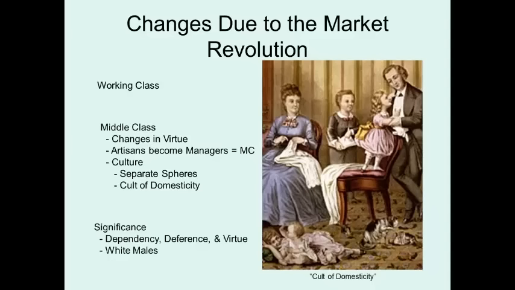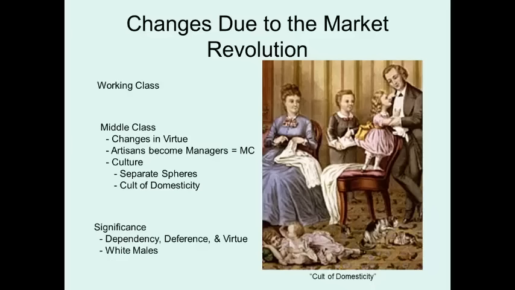In addition, in general, for white males, this is a very good time in history, unless you happen to be Irish. But in general, for white males, their standard of living is going to steadily rise. So while their standard of living rises, we're going to see fewer voting restrictions on this group, so more and more of them are voting.